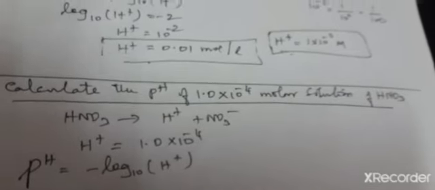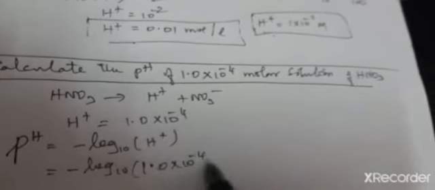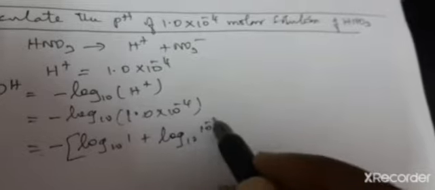That is minus log 10 of 1.0 into 10 power minus 4. Then you can write in expanded form, that is minus, log 10 1 plus log 10 power minus 4. Then the log 10 of 1 value is equal to 0.